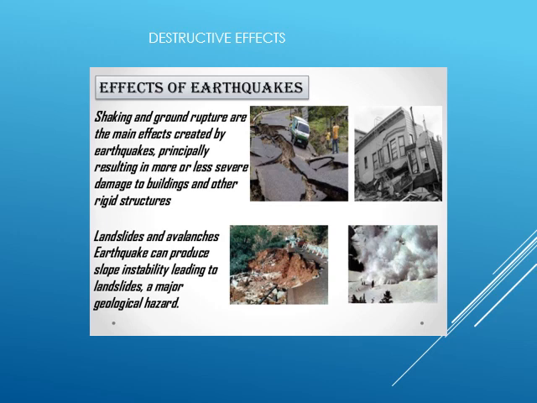People get buried under buildings, the roads break, the buildings break, then the earthquakes trigger landslides, avalanches. You know what are avalanches? Avalanches are when a huge mass of ice and snow starts to slide down in the mountainous areas. That is an avalanche. So this is a major environmental hazard to these areas.